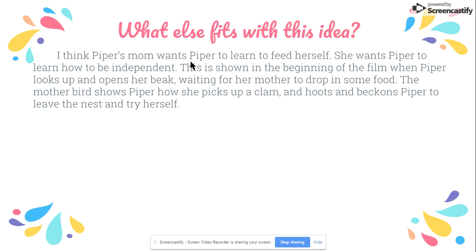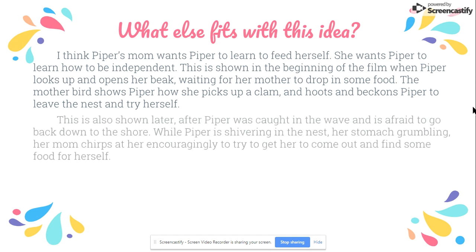Notice how I've not only included my ideas, but also evidence right from the film, right? So what is she doing? What's happening that makes me think that this might be true? This is also shown, I have another piece of evidence here. This is also shown later after Piper was caught in the wave and is afraid to go back down to the shore.